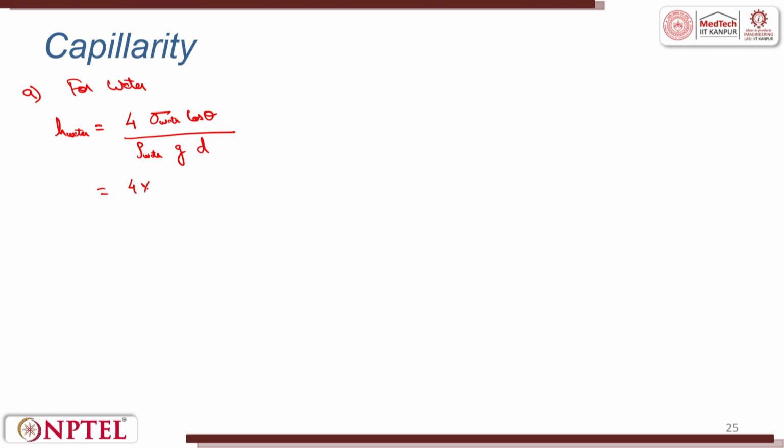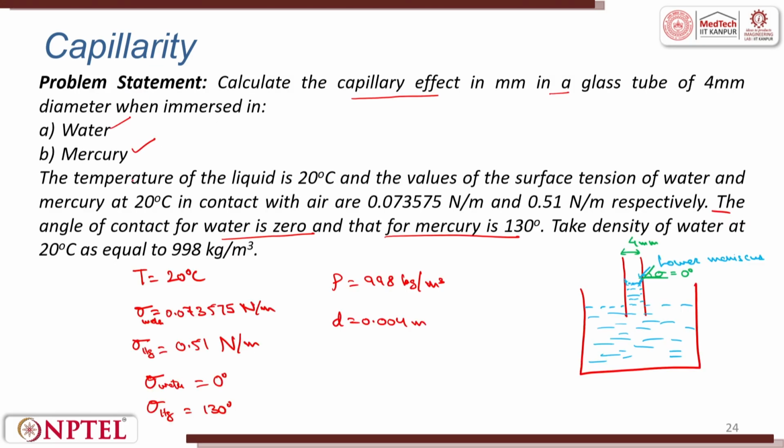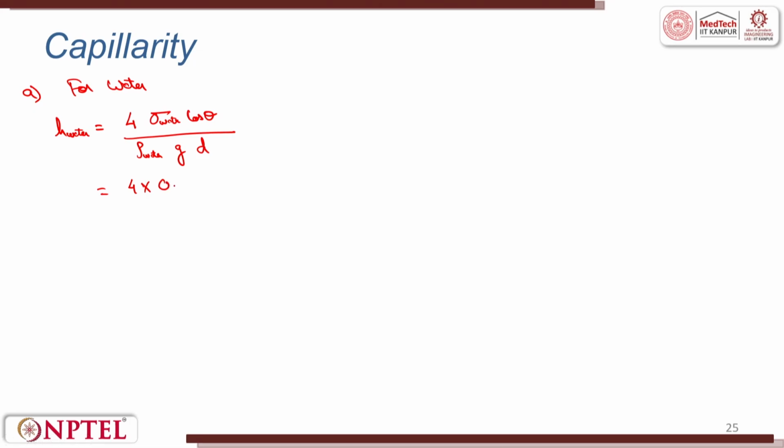So let me put the value. This is equal to 4 into surface tension of water, 0.073575, into cos theta, that is cos 0 degree. Cos 0 is 1, into rho of water, that is 998 kilograms per meter cube at 20 degrees, into G, that is 9.81, into the diameter in meters of the capillary tube, 0.004.